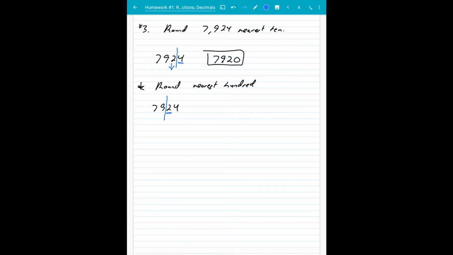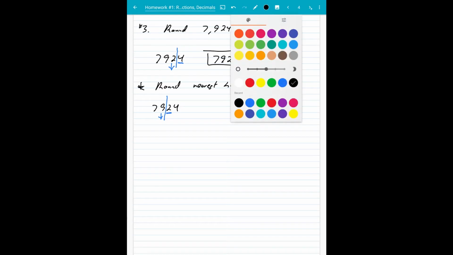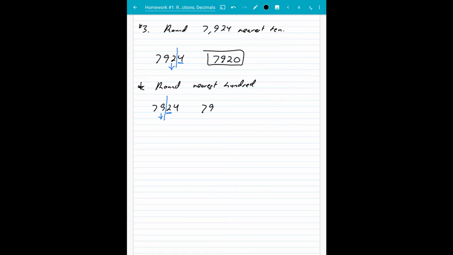This number determines if we round it up or down. So we round the 9 down because it's a 2. So we keep it the same, 7,900. Now, notice all the numbers to the right always become 0. Like this became 0, these became 0. Whenever you're rounding like that, you always round all the numbers to the right as 0.